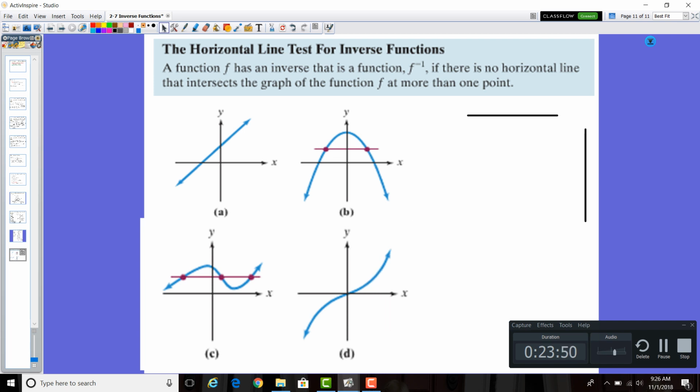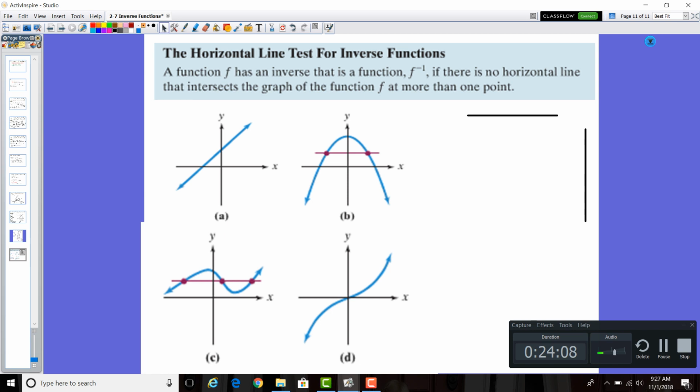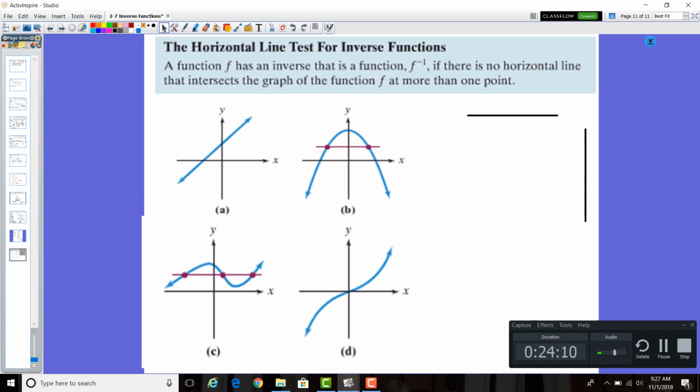The horizontal line test will tell us if a function has an inverse or not. Not all functions have an inverse. If a horizontal line can be drawn through your function, and at every single point it'll intersect the horizontal line once and only once, then it will have an inverse.